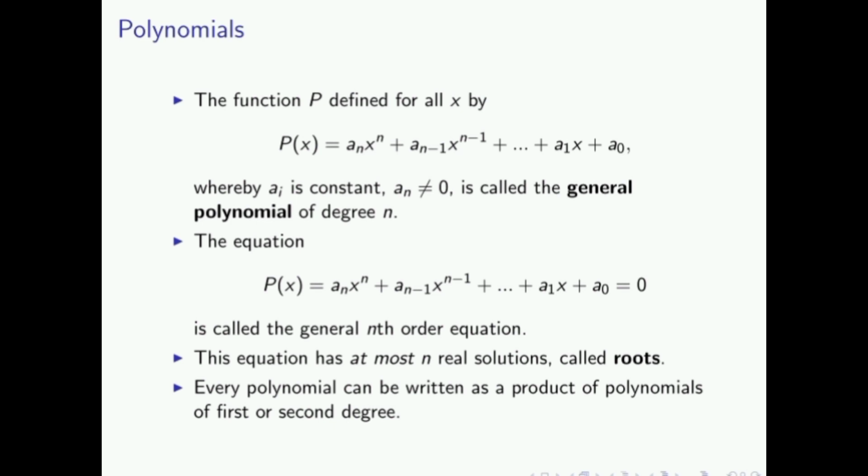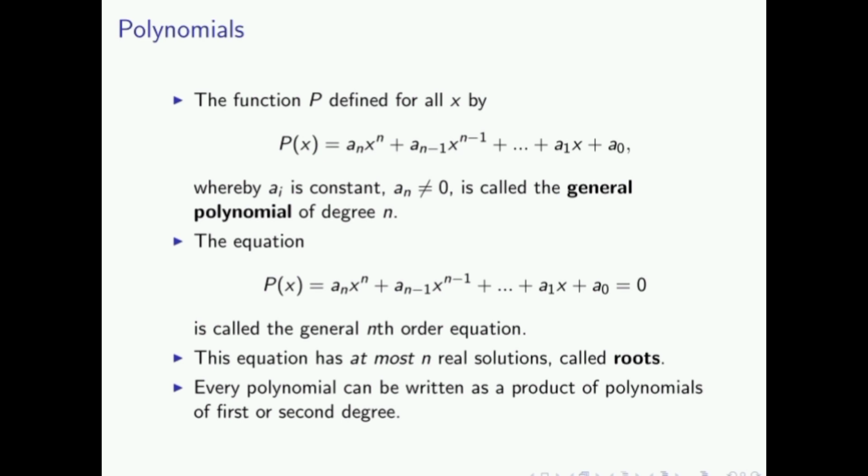Polynomial function. The function p defined for all x by p of x is equal to an x to the n plus an minus 1 x to the n minus 1 plus, and so on, until you get a0, where the a's are constants and an is not equal to 0, is called the general polynomial of degree n.